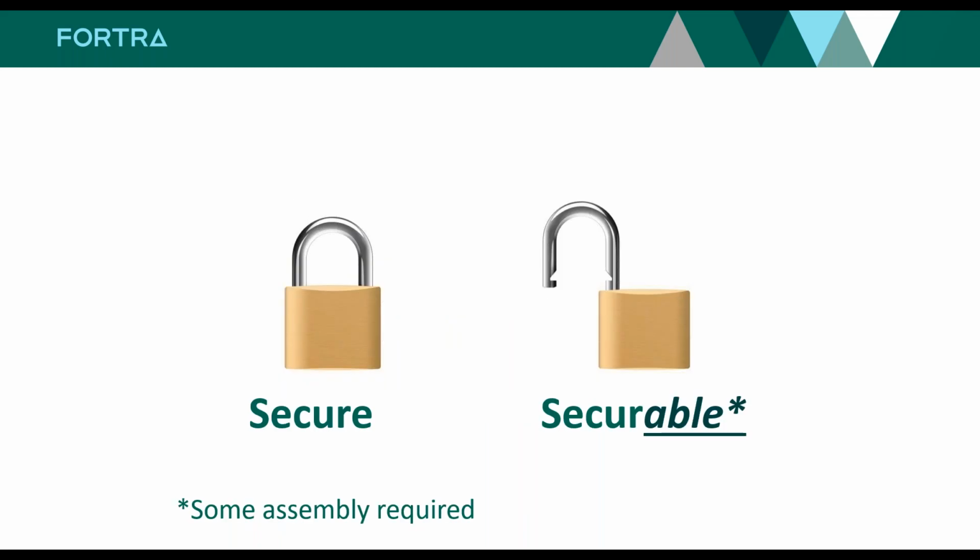However, it does not ship that way. You have to actually take steps to make that system secure and add the options that they allow for to make that system secure. We call it around here a securable system. So getting together those pieces and ensuring that each one is in place is where you're going to get to the secure server.